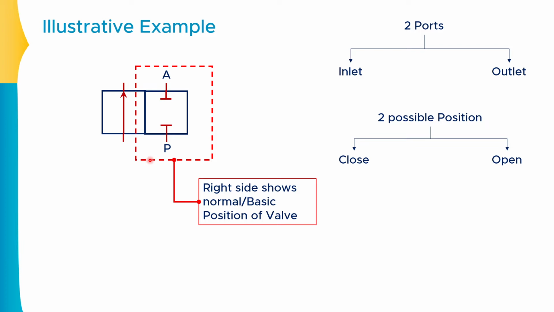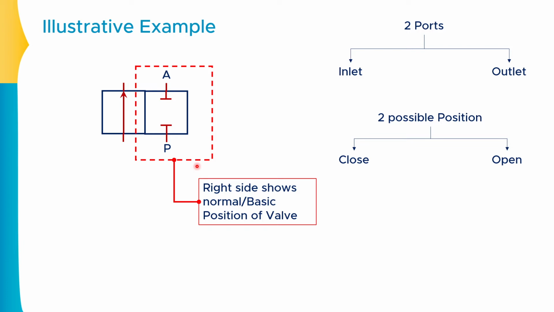But whenever we want to use the water from the tap, we open that tap. So we can say that the tap is a normally closed tap. We always keep it in the closed position, and whenever required, we actuate it and open it. Understood? So the right side position shows the normal or basic position of the valve. Over here, this is the normally closed position.